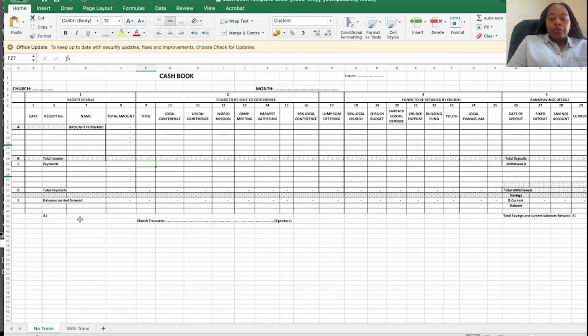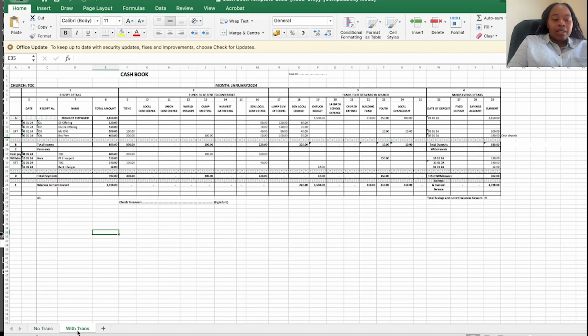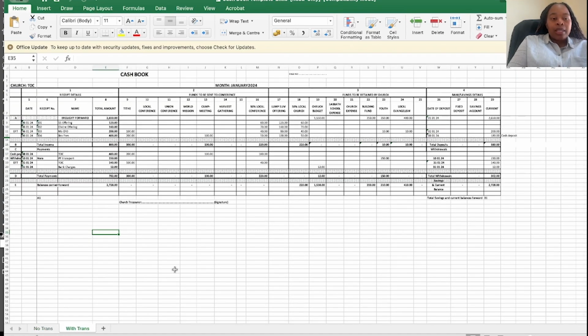Okay, that's right. Now, we need to go to the cash book that has transactions so that I can show you how we are putting the transactions into the cash book. Let's go into the one with the transactions. Okay, so this is the one with the transactions. It's at the beginning of January 2024.